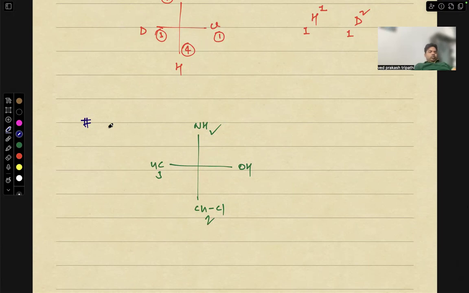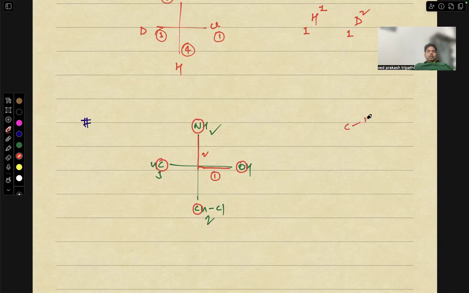Suppose in NH2, we have to compare the nitrogen. In OH, oxygen. So look at here. Here N, here O, here C, C. So oxygen has higher atomic number, so this bond would be 1. Then nitrogen 2.